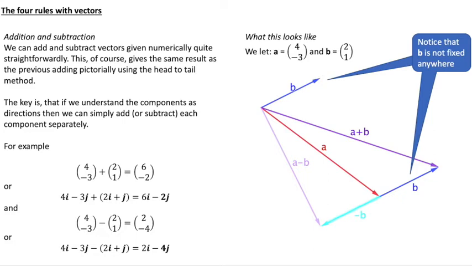The b towards the bottom is fixed because that's involved in the addition, so we're putting the tail of that to the head of a to do the addition, but in general it's not fixed. And I've already mentioned, but notice that a take away b is the same as a plus -b, which is the same as in ordinary addition or subtraction, and it works for vectors too.